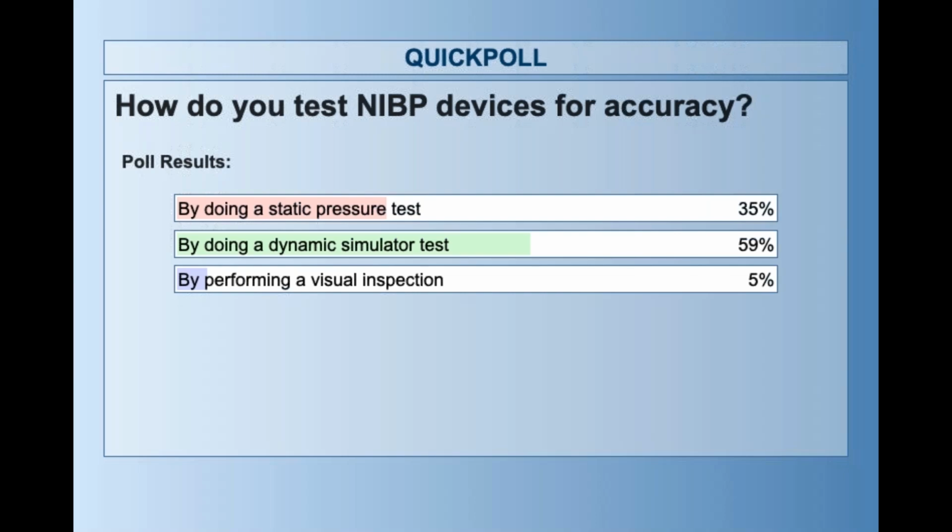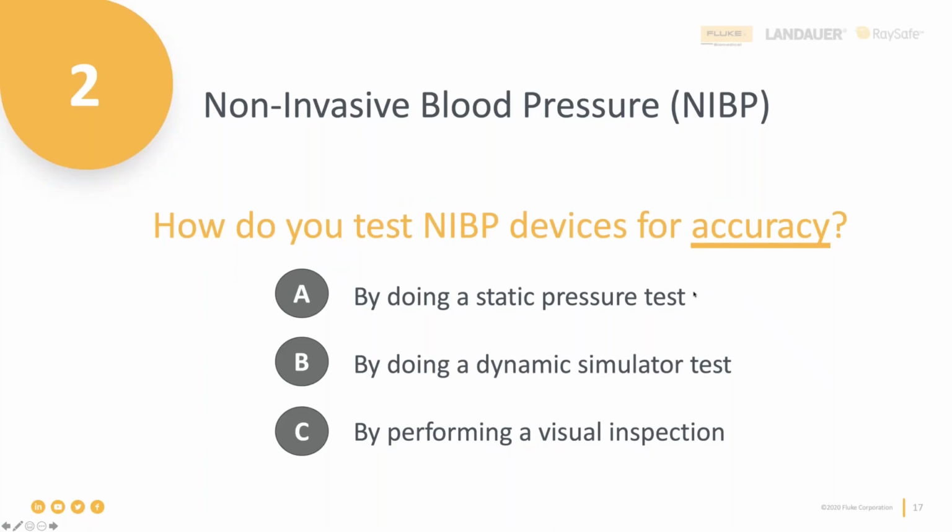With this, I'm going to move on to showing what the correct response actually was. Again, we're talking about testing your NIBP device for accuracy. The correct response here is that you perform the accuracy test by doing a static pressure test.